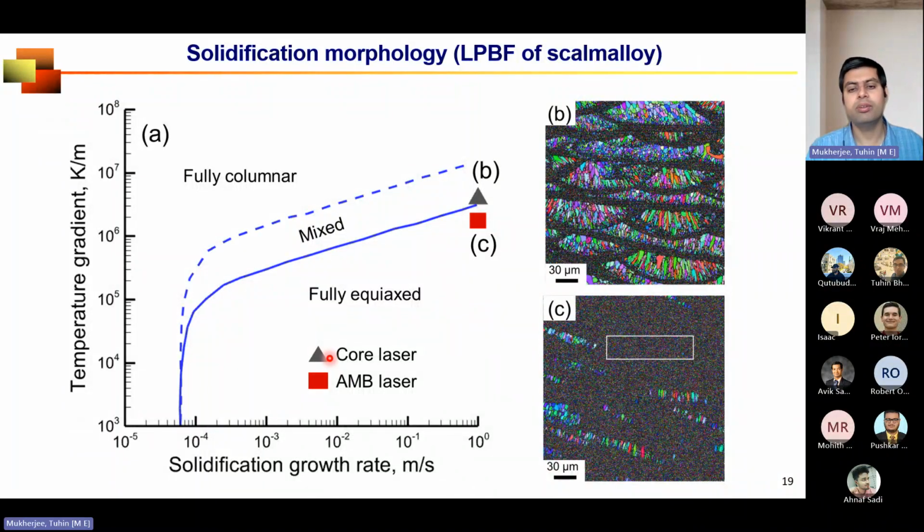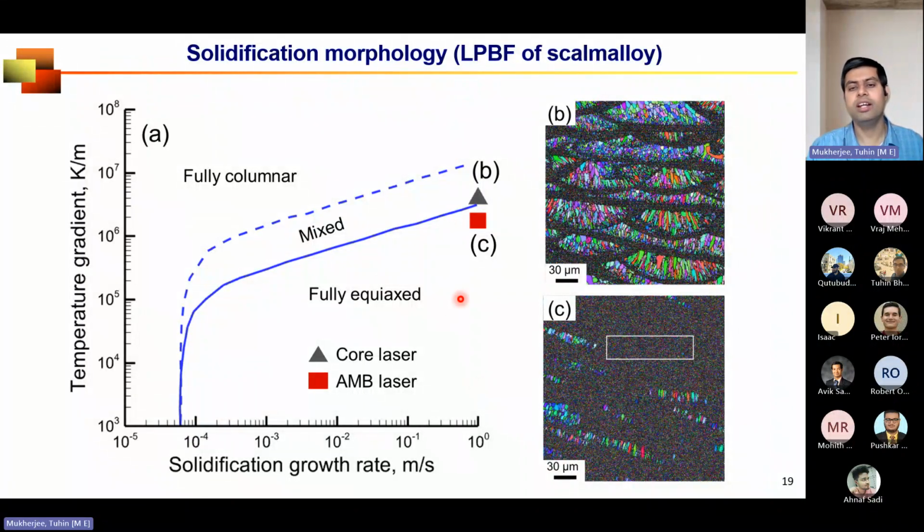Now when we do that for the core beam only, Gaussian beam only, versus an adjustable mode beam, you will see they lie in different regions. For the core beam, it's in the mixed region, some columnar, some equiaxed, as you can notice from this EBHD diagram. With AMB, it is in the fully equiaxed region. Here you see that the long columnar grains disappeared. These are all smaller grains.